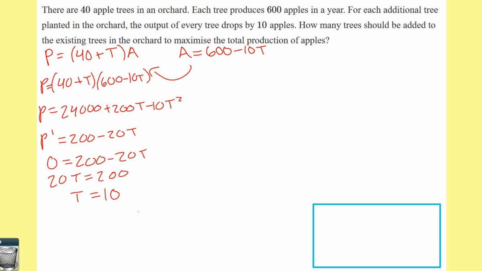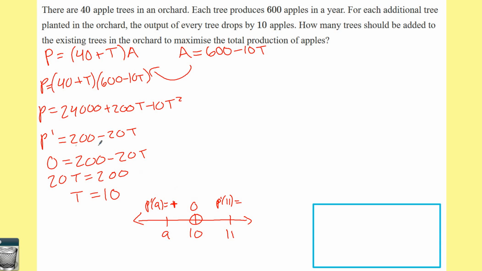We can verify it by looking at the derivative of the numbers around it, 9 and 11. So at 10, we know the derivative was 0. So the derivative at 9 is, what is that, positive?